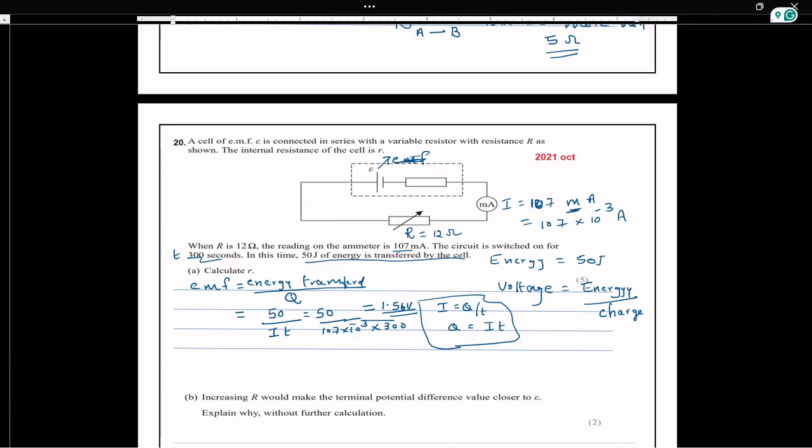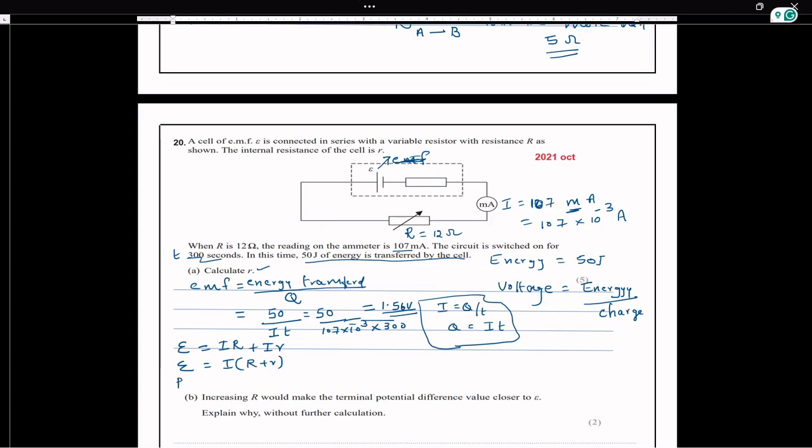But the question is to calculate the internal resistance r. So it's a 5-mark question. And we know there is a relation: E equals I times the terminal PD plus the lost voltage, or E equals I times (R plus r). Here we know the current and we know the EMF.